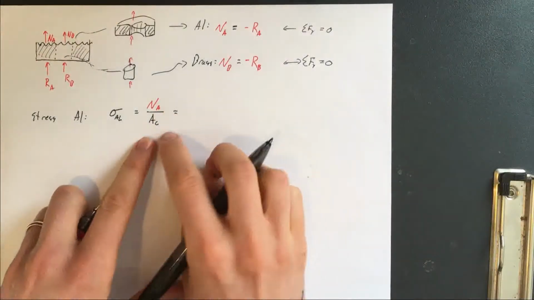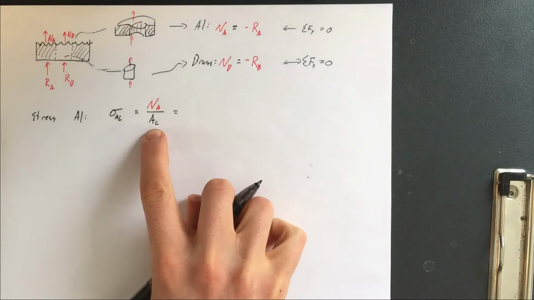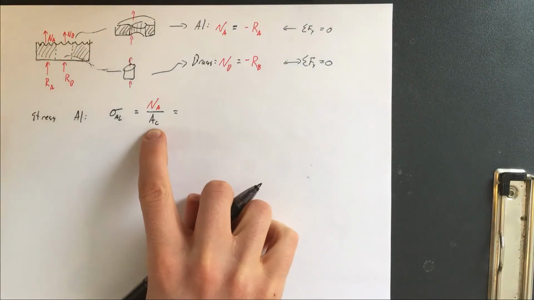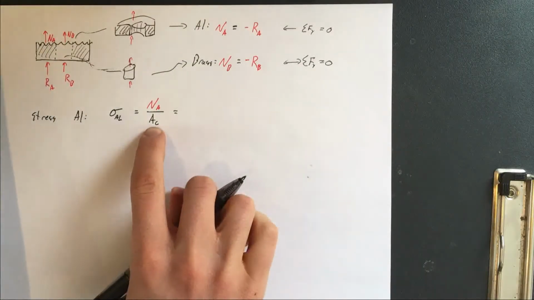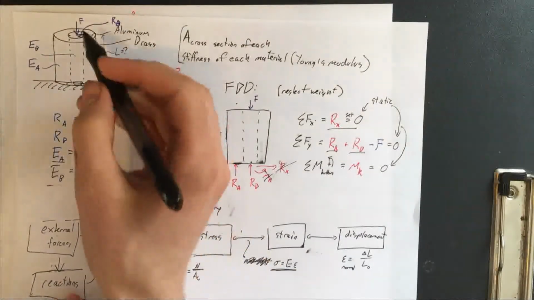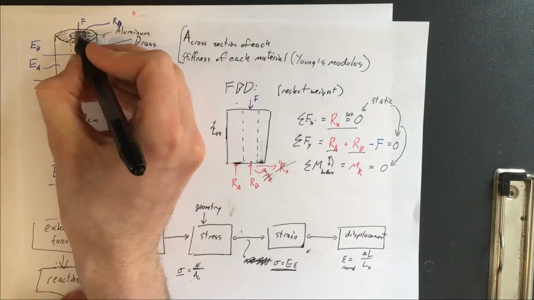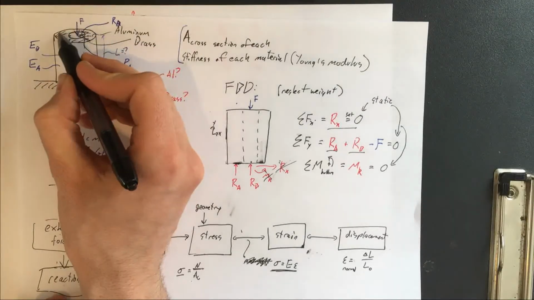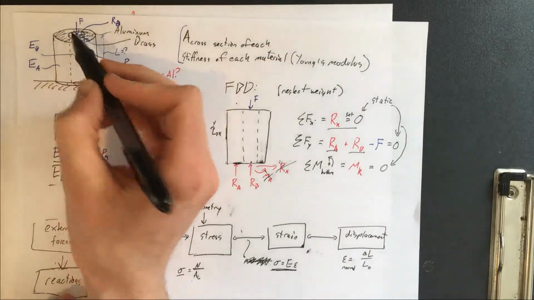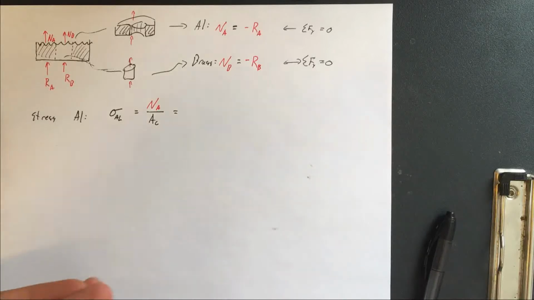But hey, wait a second. Can we put the cross-sectional area of aluminum in terms of knowns? Well, yeah, right? If we're thinking about the aluminum, the cross-section of the aluminum is the area of this donut, which is basically the area of the outer circle minus the area of the inner circle. So let's work that out.